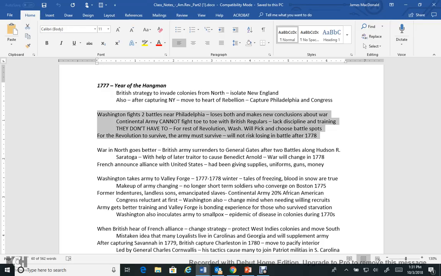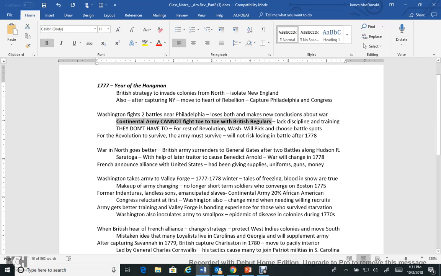His 2 conclusions are, first, the Continental Army cannot fight toe-to-toe with the British, meaning that idea that we can train a European-style army, much like the British, maybe not. It looks like he'll never be able to instill them with the discipline and training needed to fight the same way.